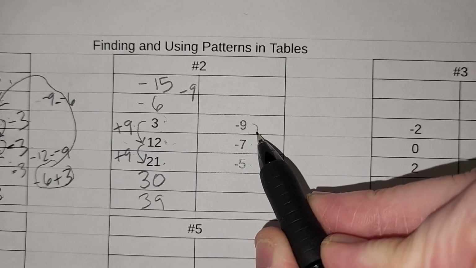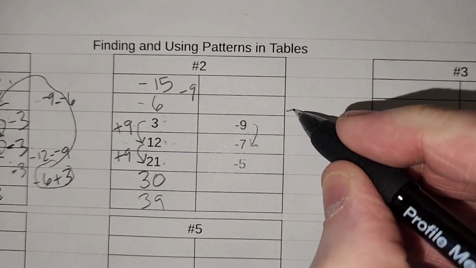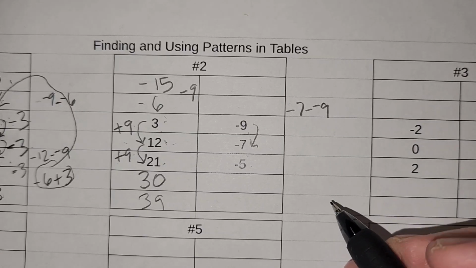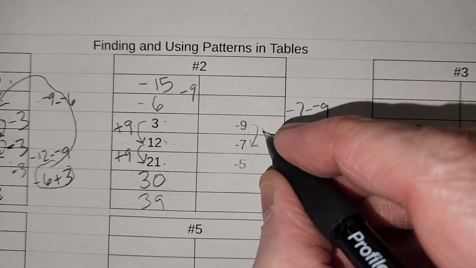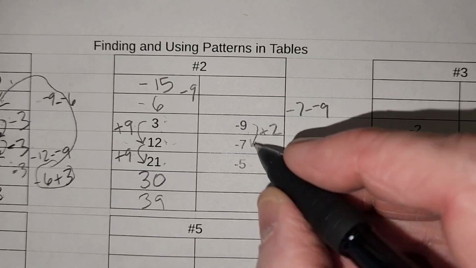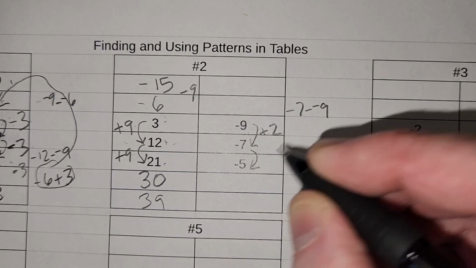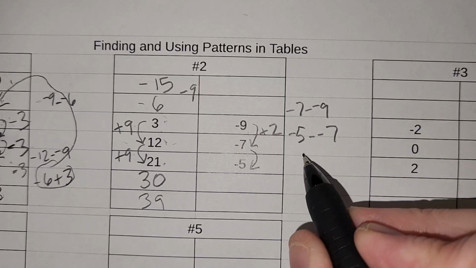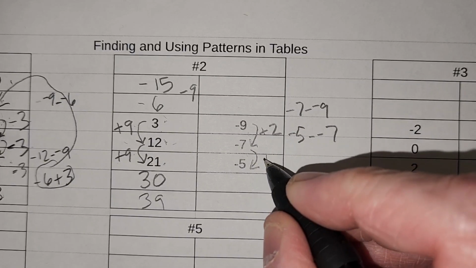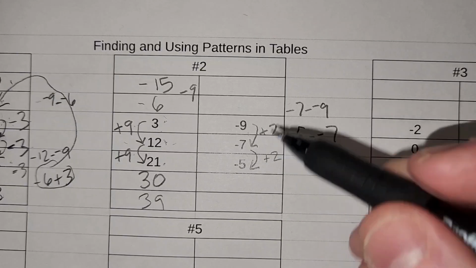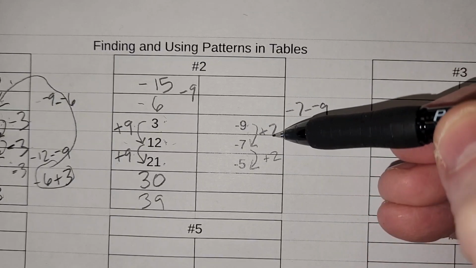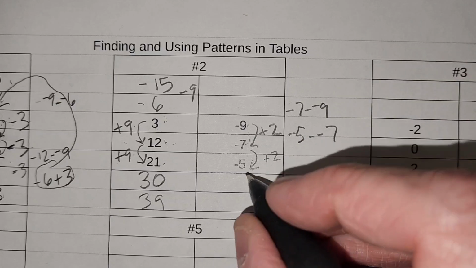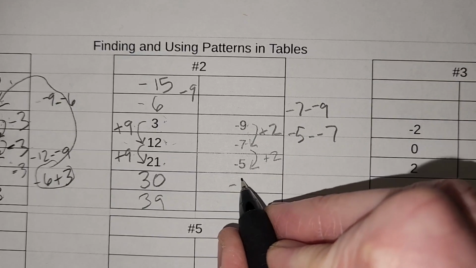So how do I get from -9 to -7? That is -7 minus -9, which is plus 2. How do I get from -7 to -5? You can plug it in if you want. And that's plus 2. So what's my pattern? This plus 2 is negative 3.